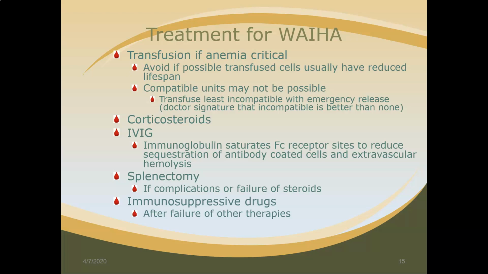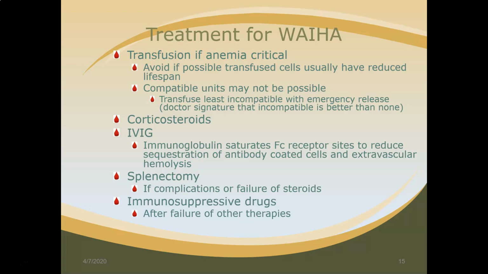The immunoglobulin that we give is just nonspecific. It's just an IgG molecule that's floating around. And what happens is those Fc receptors on the macrophages will get saturated by this free floating antibody. And this reduces the rate of sequestration of antibody coated cells, and it decreases the rate of extravascular hemolysis.